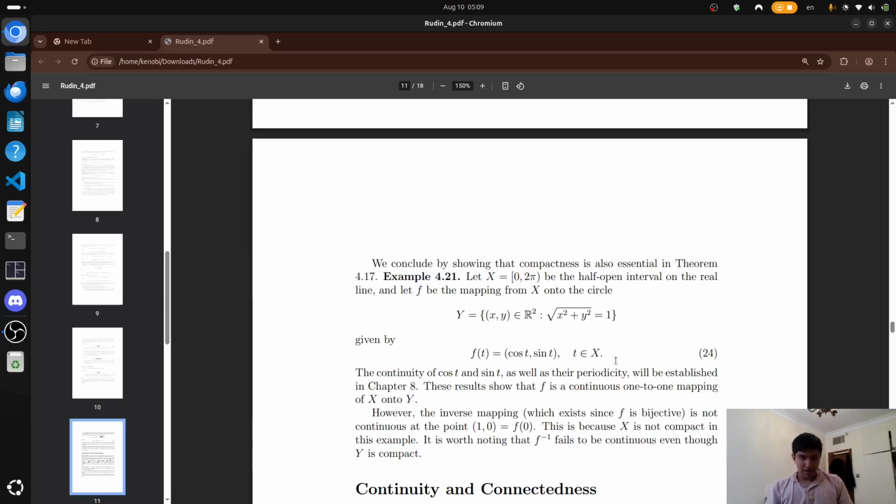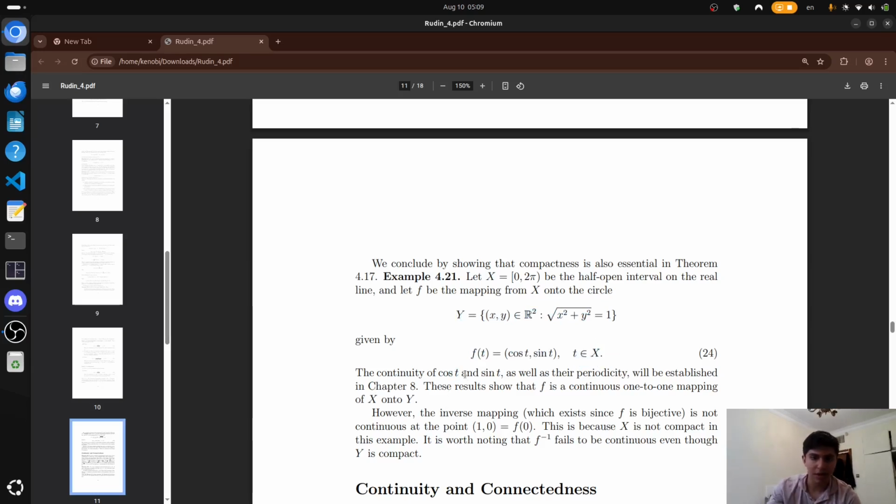Now we have the following example. It's a really interesting example. Let X be the half open, half closed interval 0 to 2 pi on the real line, and let f be the mapping from X onto the circle, given by this.